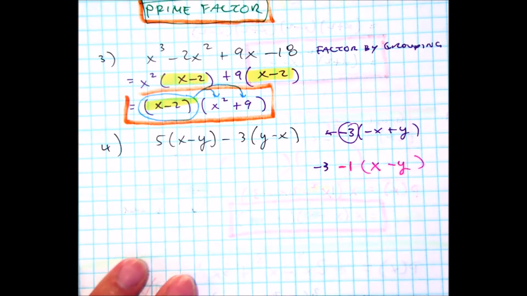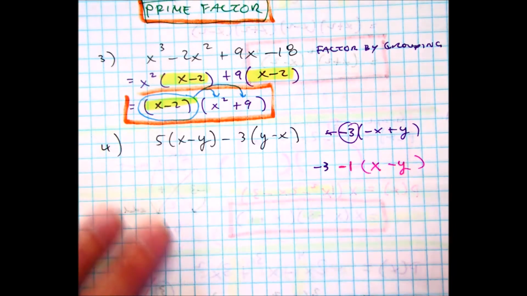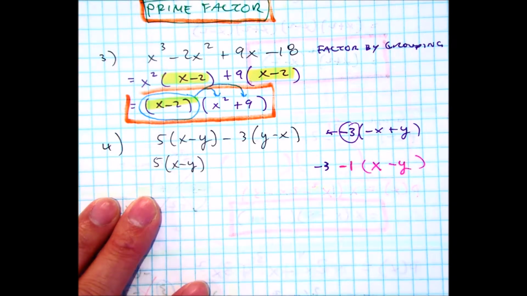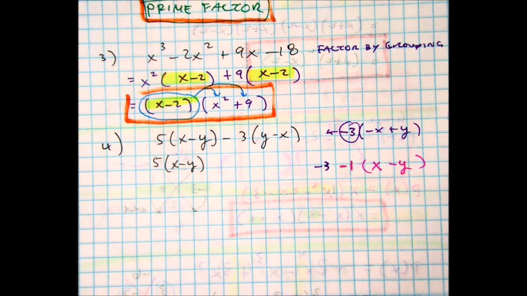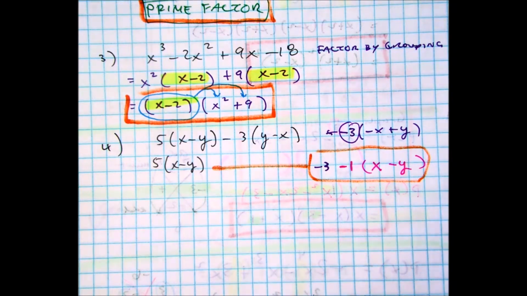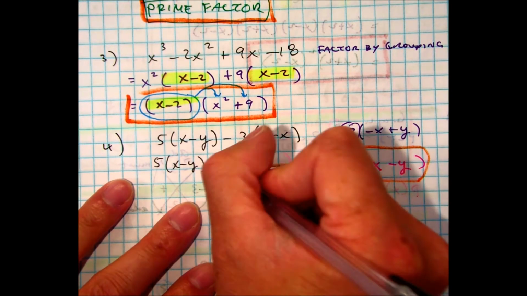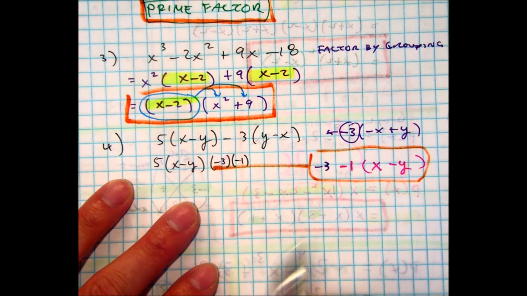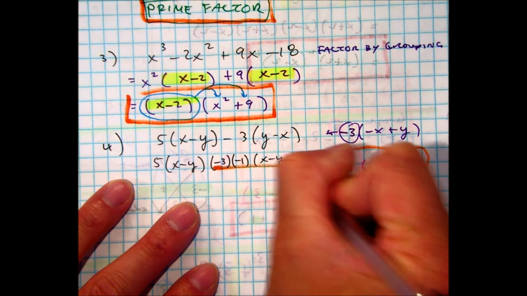Okay, so when I put it back into the problem, 5 times quantity x minus y. I'm going to put all of that right here. This is negative 3 times a negative 1 times x minus y.